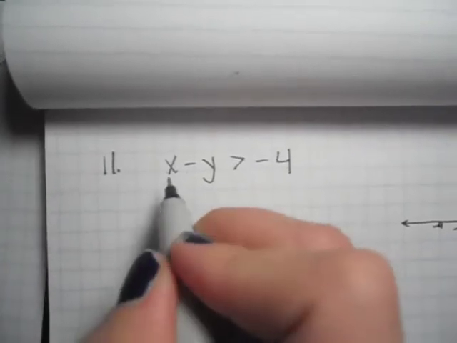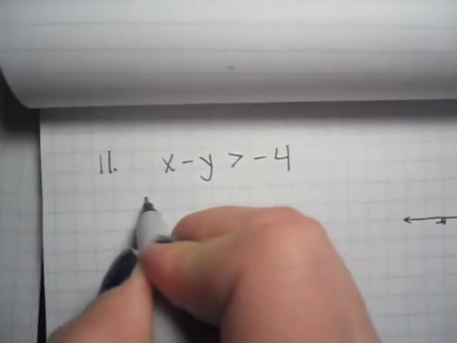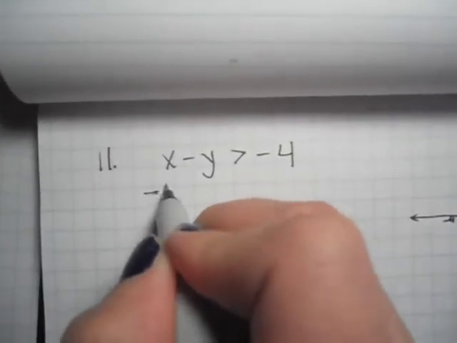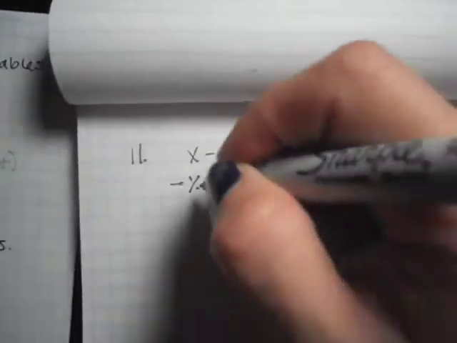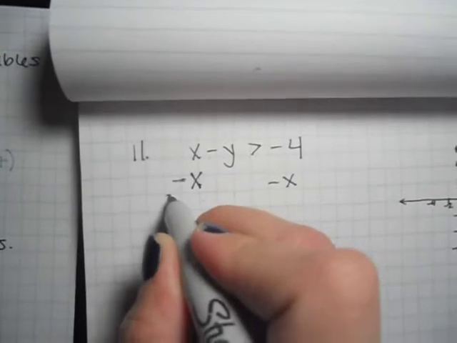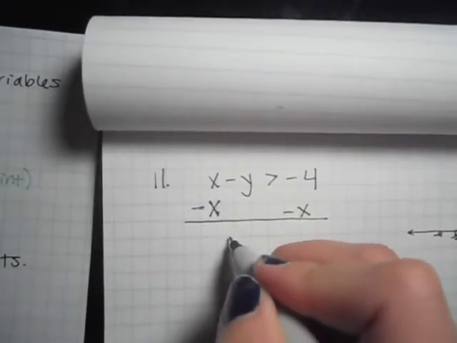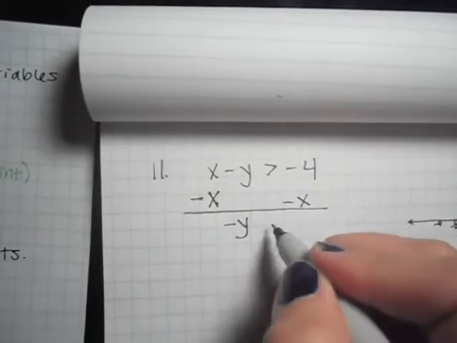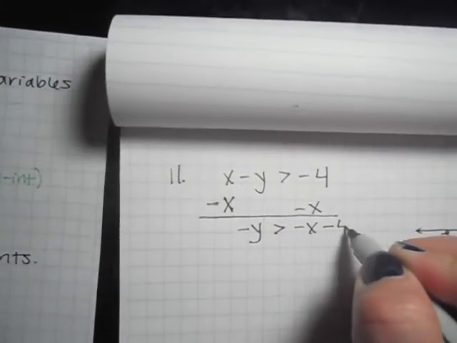Currently it's being added on this side, so we will subtract the x from both sides. That leaves us with negative y is greater than negative x minus 4.